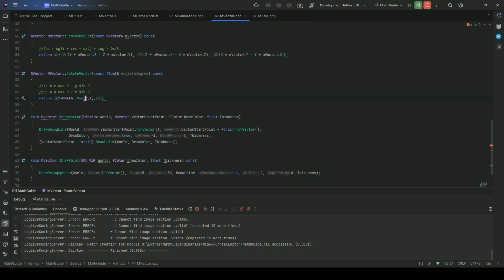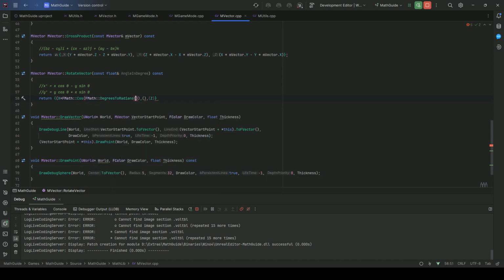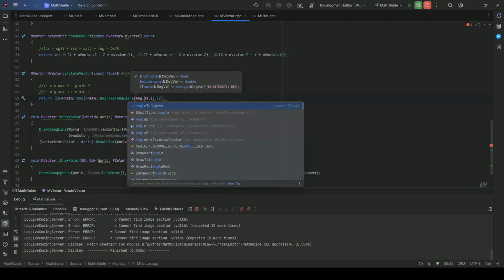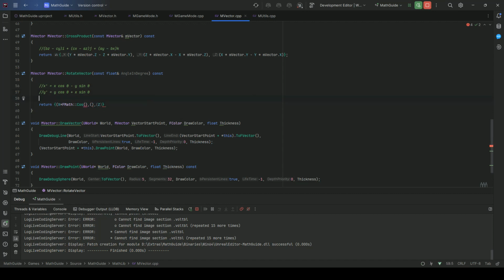So we have to convert our angle, which is in degree, to radian: FMath::DegreesToRadians of angle in degree. Actually, what we can do is make a const float radian. So cos of radian.